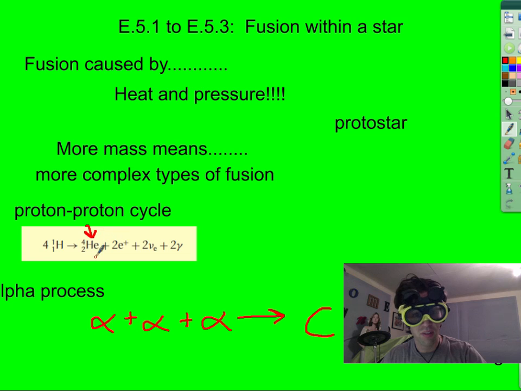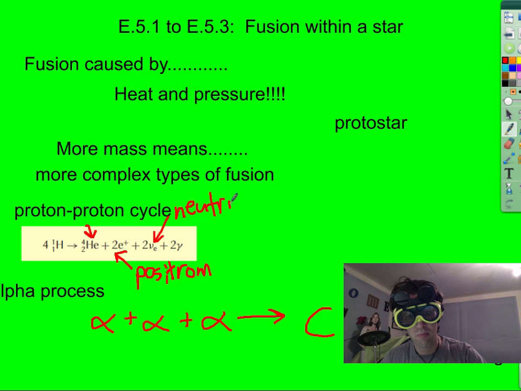This here is a helium atom. This here is a positron. Very little mass, but the same mass as an electron, but a positive charge. This guy is being represented, that's a neutrino. And this guy here is a gamma particle. That's what's happening within our sun most of the time.